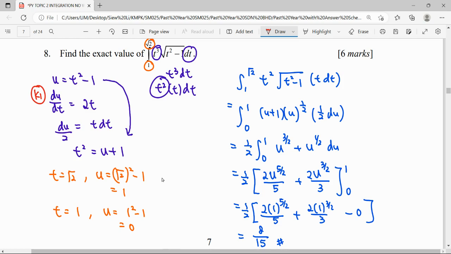And then change t squared, change the limits. Then write everything in terms of u correctly. So this is our basics here. Then you can start to integrate to get the answer. Of course, we have to write out our upper limit minus lower limit.